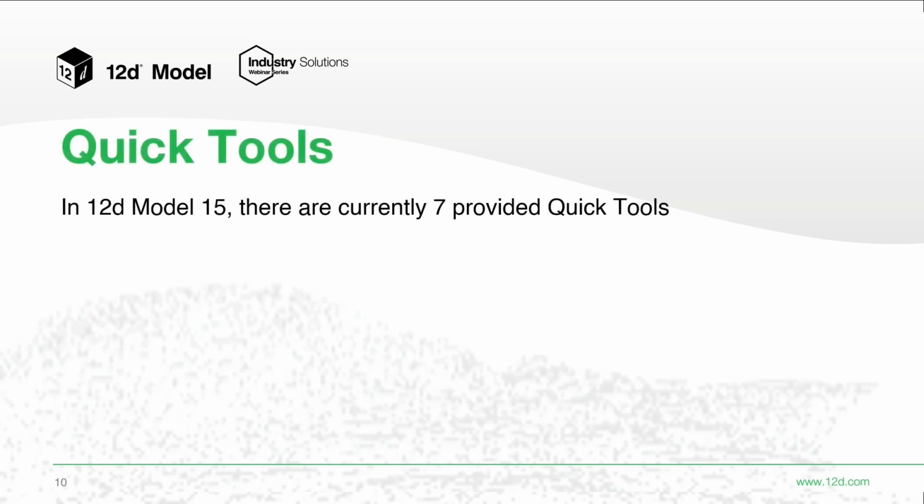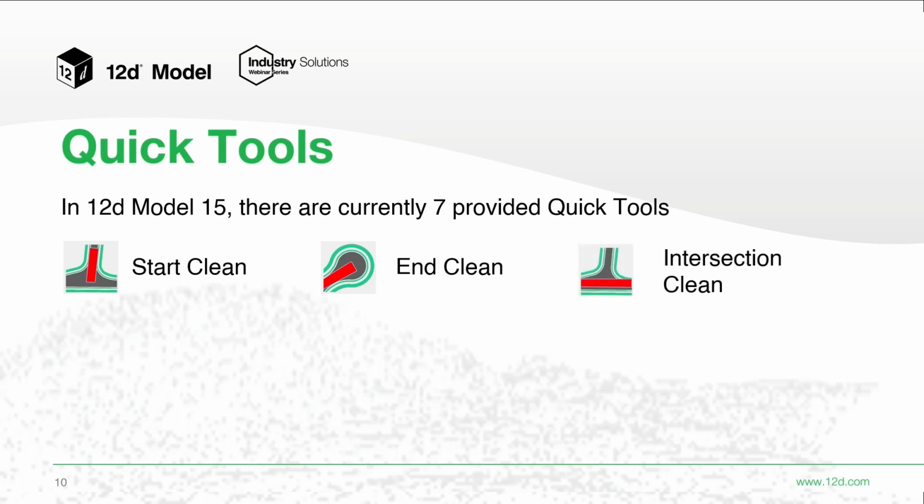So there are currently 7 provided quick tools from C1U onwards. We have start clean, which will change or dynamically measure the start modes on the left hand and right hand side for your design. There's an end clean, which will update and modify the end modes of your chainage alias. There's 2 intersection cleans. The first intersection clean will clean off from a nominated number of links to be left.